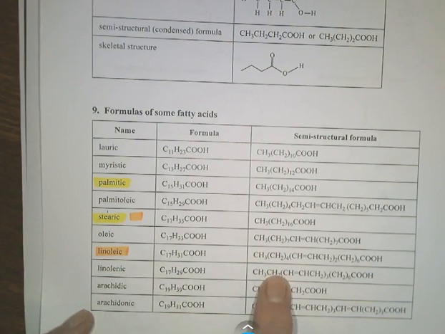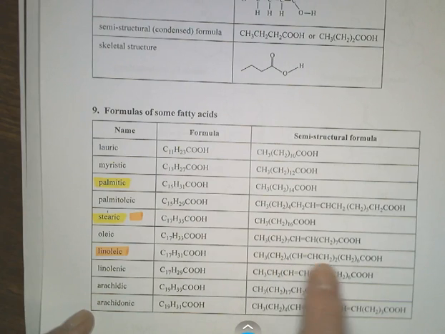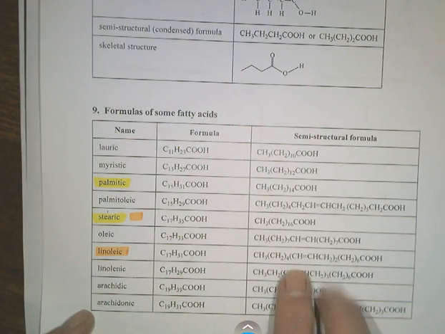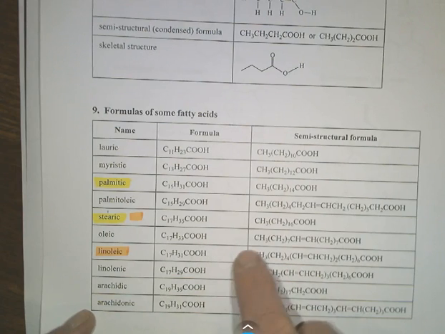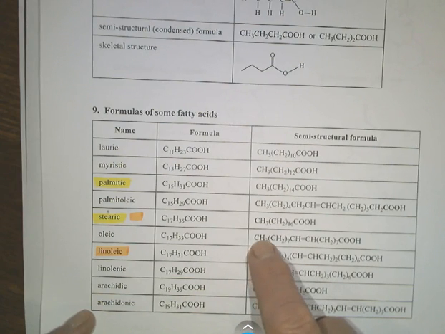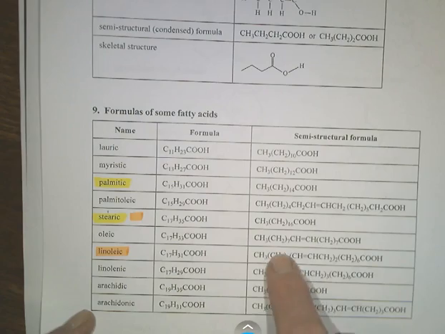Both of these, this one anyway, has got two double bonds in it. So if these are cis bonds where the two hydrogens are down, then those double bonds will cause a kink in the molecule. So the molecule will go up like this, hit the double bond, and then it will go down and kink.